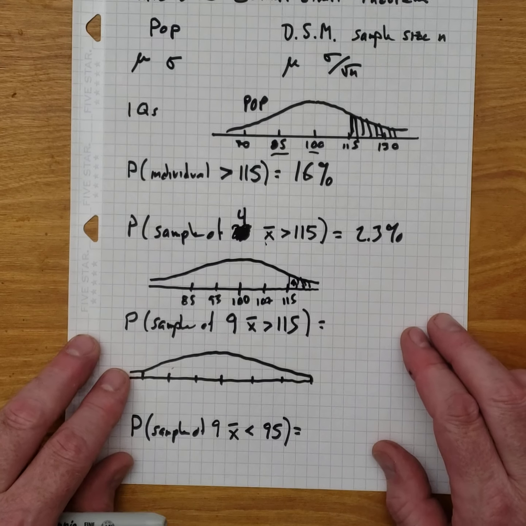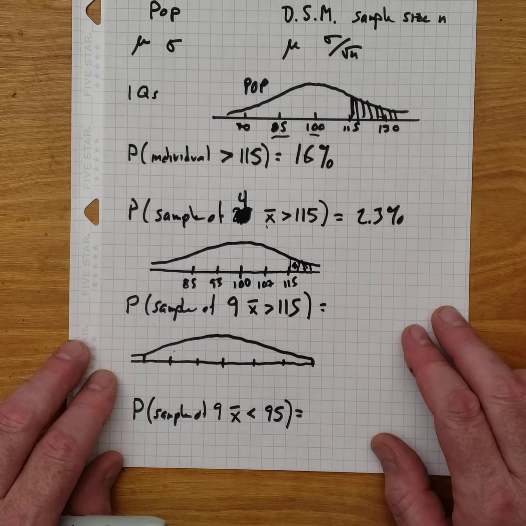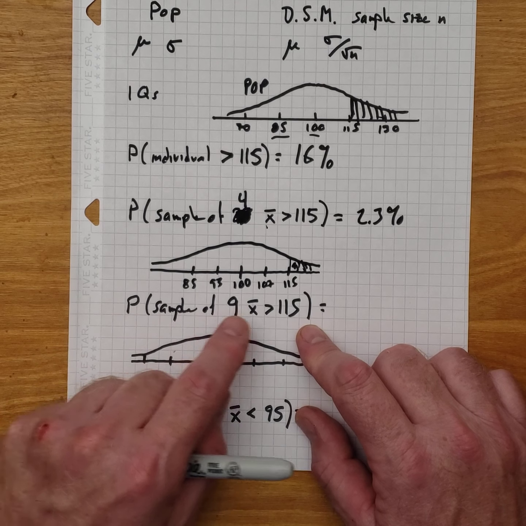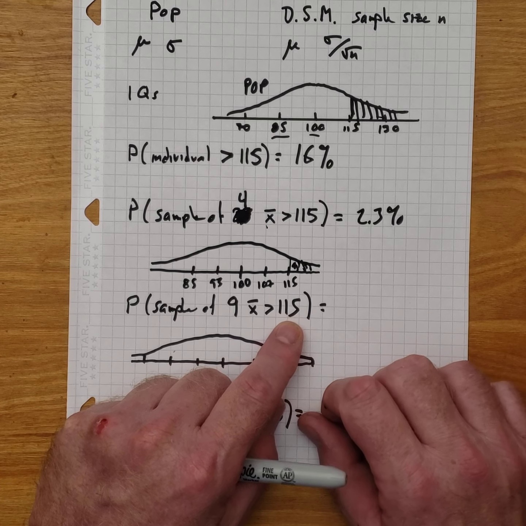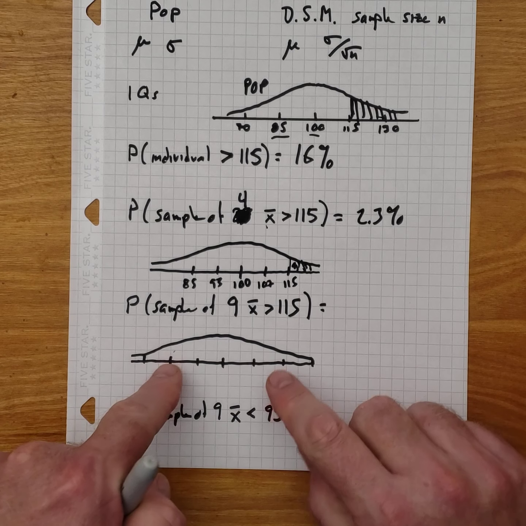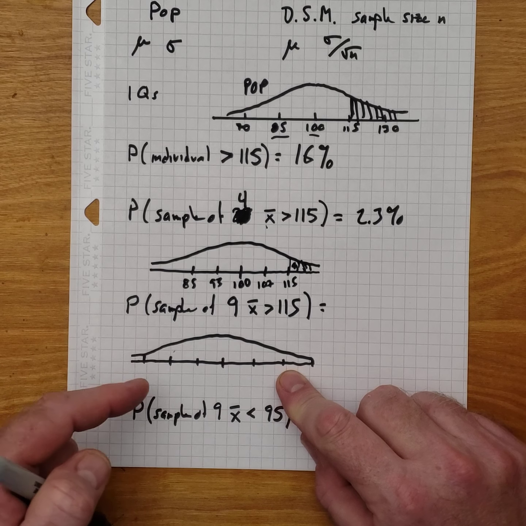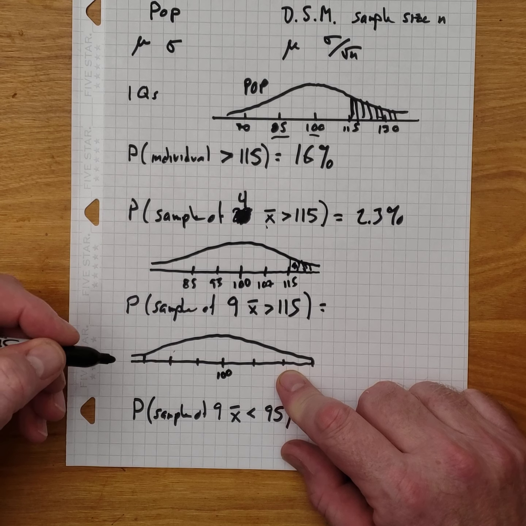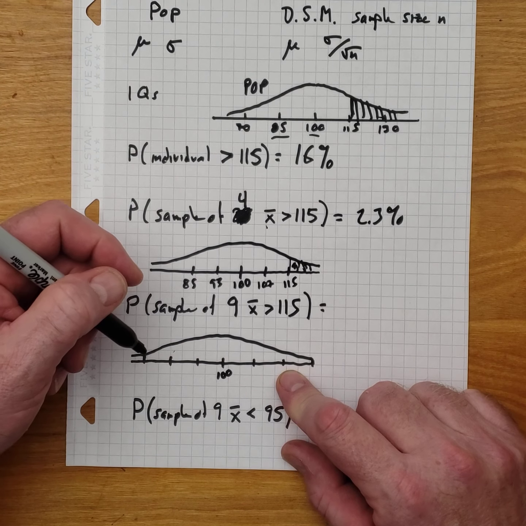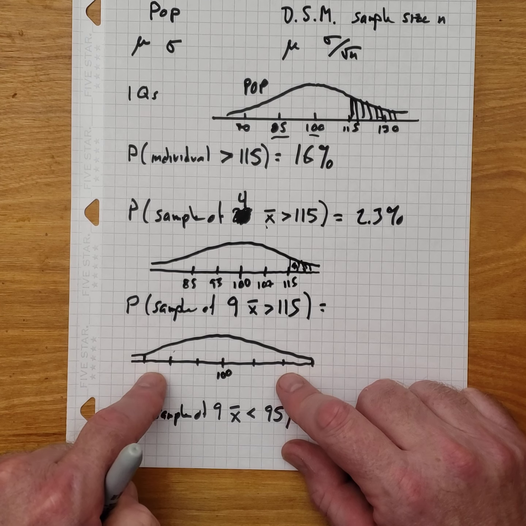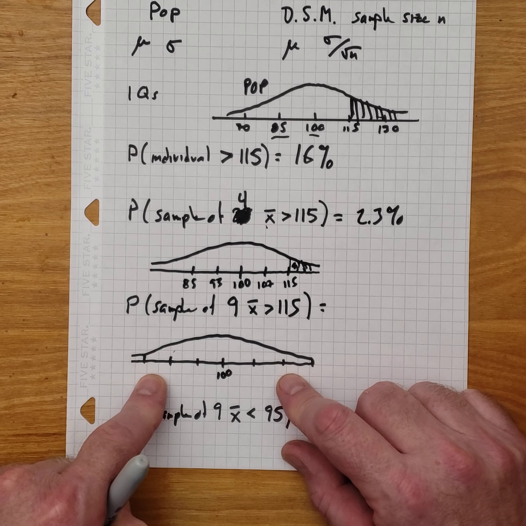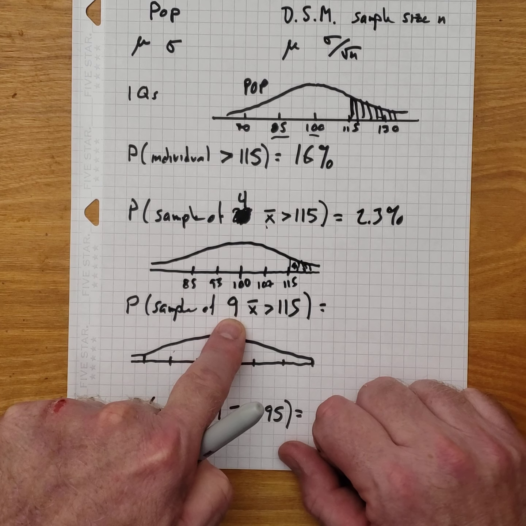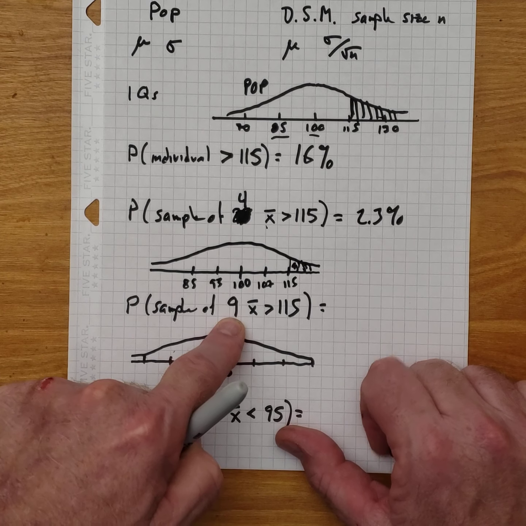Now, let's take a larger sample and see what happens. What if we take a sample of 9? What is the probability that their average IQ is above 115? Well, our sampling distribution for means of that size is going to be centered at 100. The mean's still the same as the population of individuals, but the standard deviation of this distribution is going to be the standard deviation of our population, 15, divided by the square root of 9, so divided by 3.